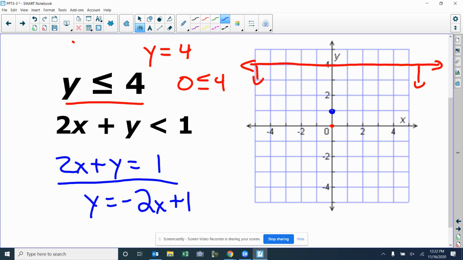Plus 1 intercept. Down 2 over 1, down 2 over 1, down 2 over 1. We can also go over 1 up 2. Doesn't matter, it's the same. What do we say, solid? Dotted. Oh, this is dotted.